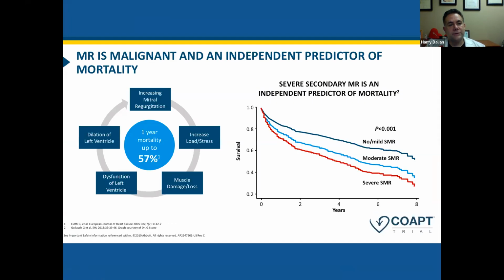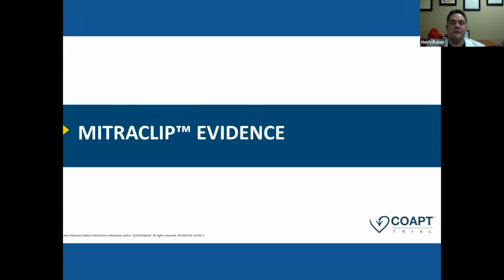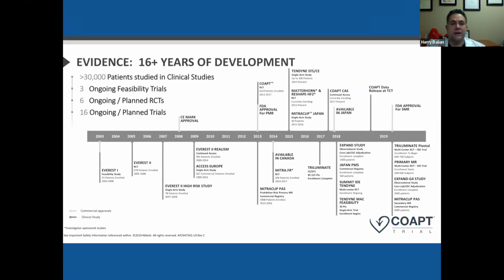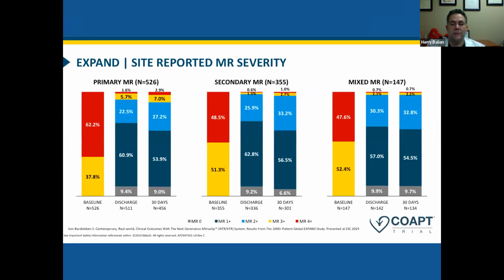So, the impact of mitral regurgitation: MR is a malignant, independent predictor of mortality. One-year mortality with severe MR is up to 57%, and we tend to under-recognize that. For the mitral clip evidence, we've studied 16 plus years of the mitral clip in development, and we can look at the COAPT trial, a landmark trial that looked at MR severity.